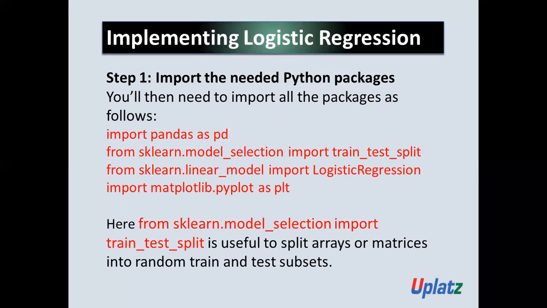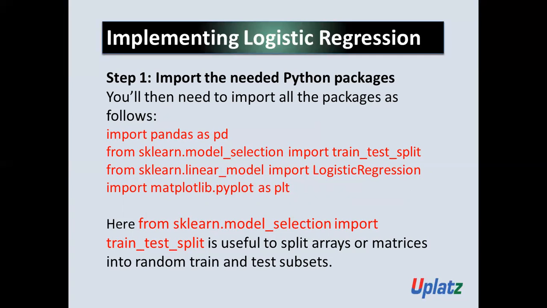Since we are implementing logistic regression, it is important to import it from sklearn.linear_model. And finally, import matplotlib.pyplot as plt. Here, train_test_split is useful to split arrays or matrices into random train and test subsets.